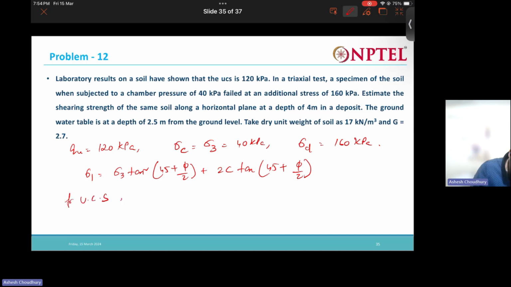For UCS, sigma 3 is 0. We know that, so we can write 120 is equal to 2C tan(45 + phi/2). Let us call this equation 1.